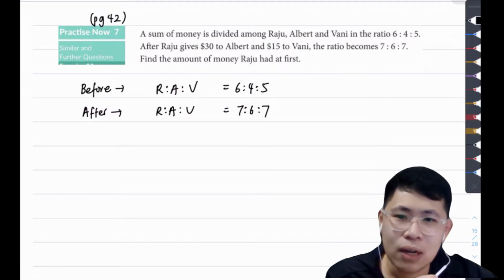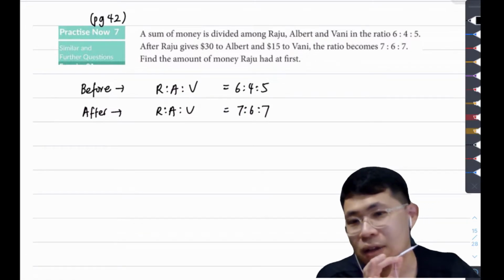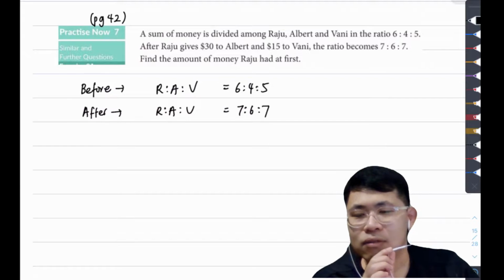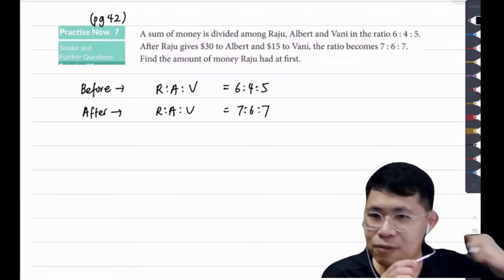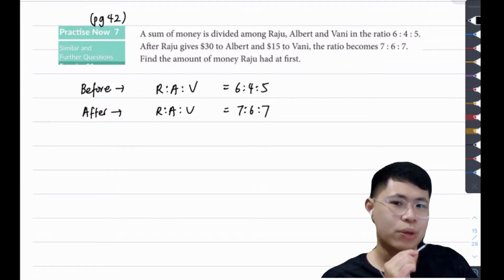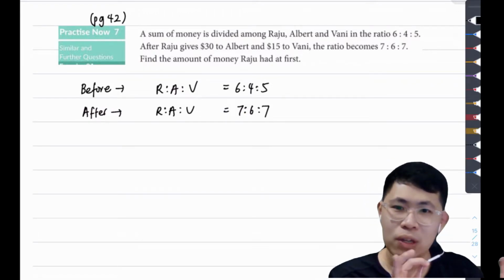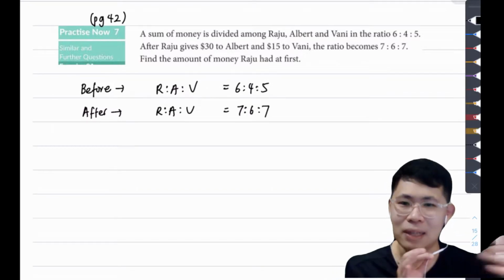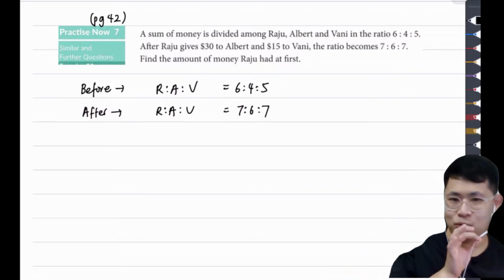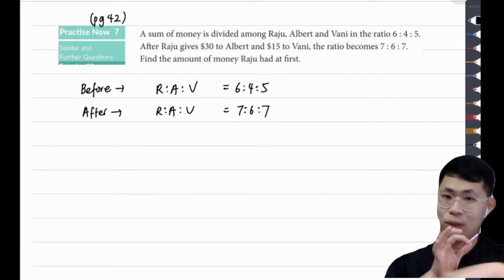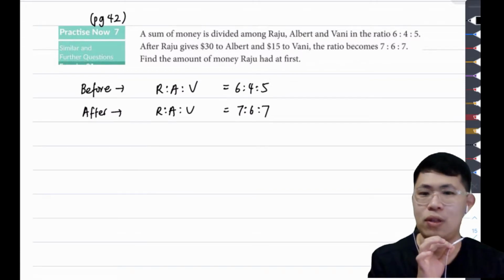Now the thing is to look for any similarity. Raju gave money, Albert received money, Vani received money, so these three quantities will not be the same. However, there is one quantity that can be the same because the money is not lost to some random person. The money is still within the pool, just circulated between the three of them.